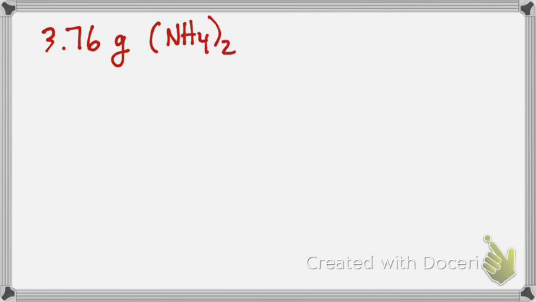So let's do another conversion where we're going from grams to moles. Let's say that I want to do the ammonium dichromate volcano reaction, and that to do this I need 3.76 grams of ammonium dichromate.